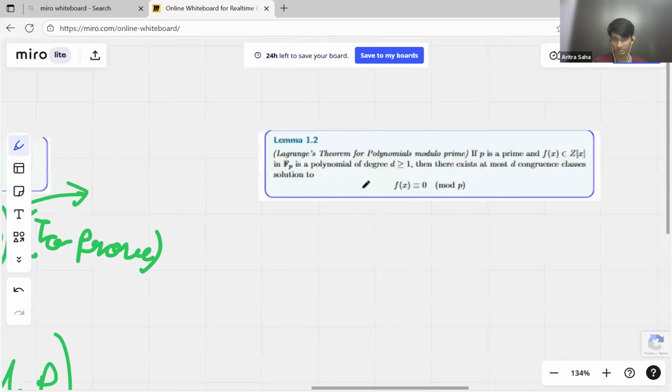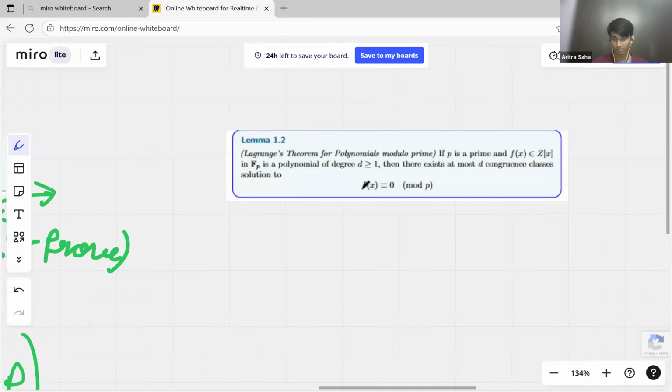Try to prove this, when d is greater than or equal to 1. Did everybody understand the lemma? Not the proof, because I didn't discuss it, but the statement of the lemma. Did everybody understand that? Yes.